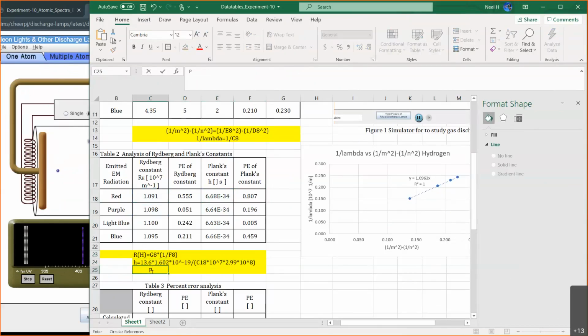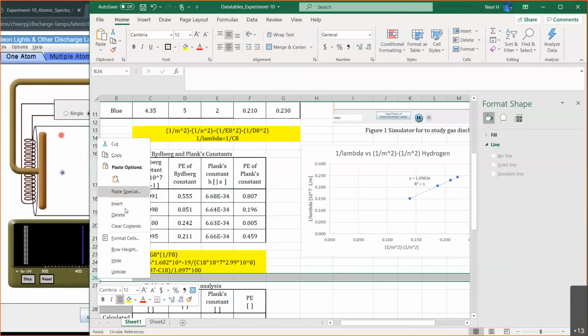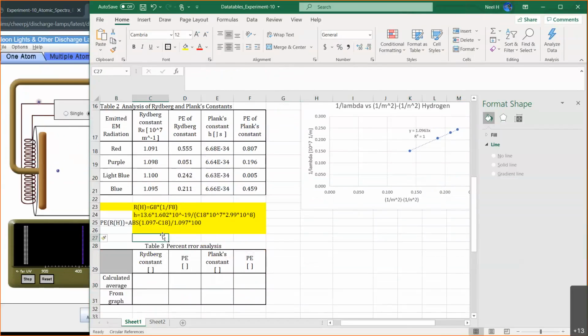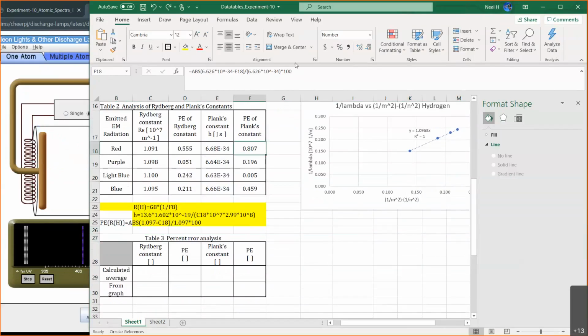It's going to be PE for RH, and it's going to be PE for Planck constant, okay. All right, so this is PE for Planck constant.